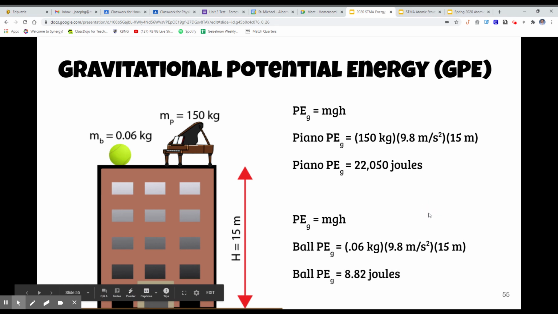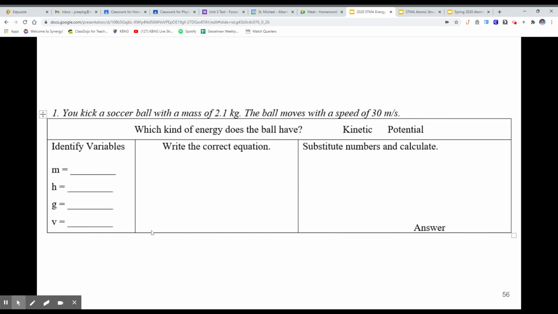And we get a potential energy of 8.82 joules. If you can imagine, would you rather have a piano fall on you from 15 meters or a tennis ball? You'd rather have the tennis ball because it will do a lot less work when it hits the ground. It has a lot less energy.